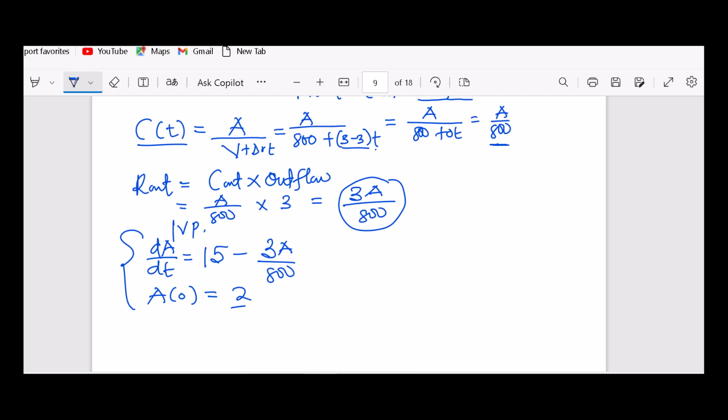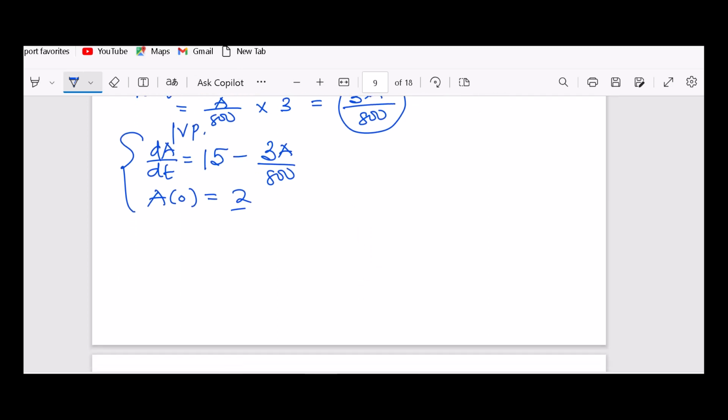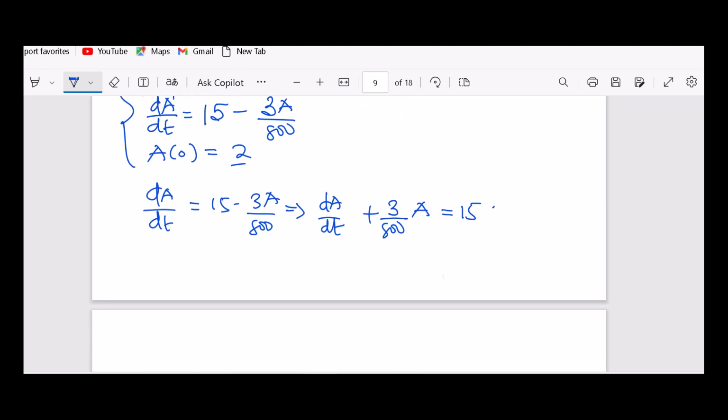Okay, so now let's try to solve this particular differential equation with the given condition. We have dA/dt equals 15 minus 3A all over 800, and this implies dA/dt plus 3 over 800 A equals 15.